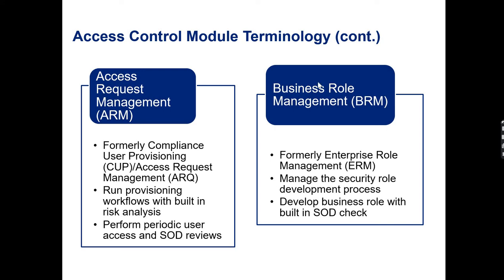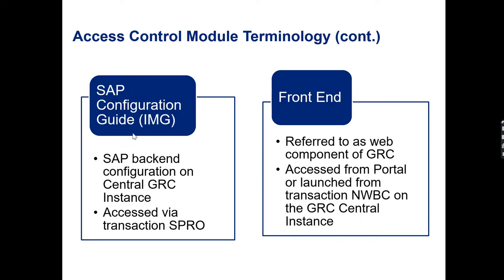These are the modules: we have access request management and business rule management. In business rule management, especially building the role and checking the SODs, these things we do, in brief. In configuration, if you want to configure access control, we have to do the configuration in two places: in the backend system using IMG, which is the configuration guide, meaning we have to run SPRO, and also in the front end side.